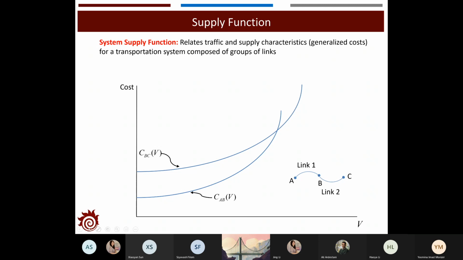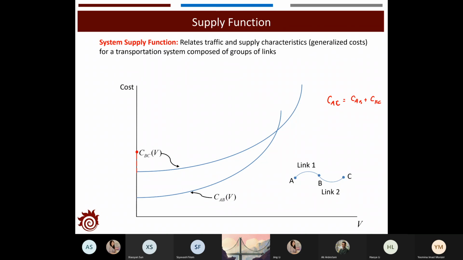Then the cost function from A to C will just be the summation of the two, so CAC will just be CAB plus CBC. That's the cost for the same flow.